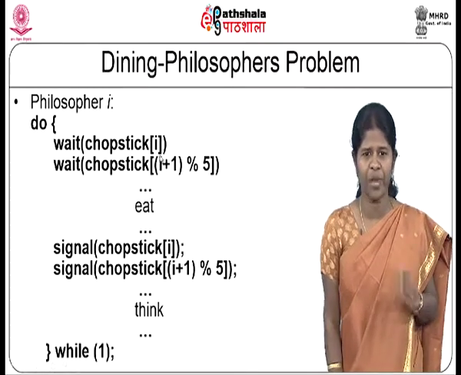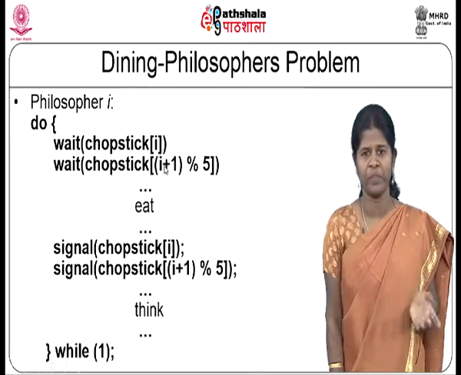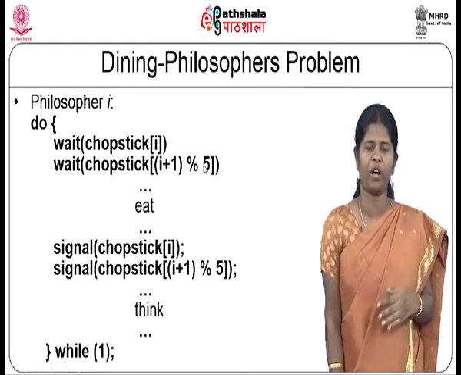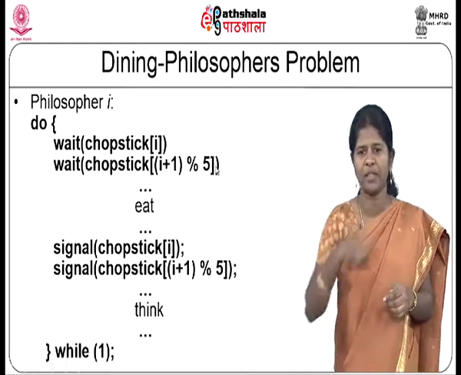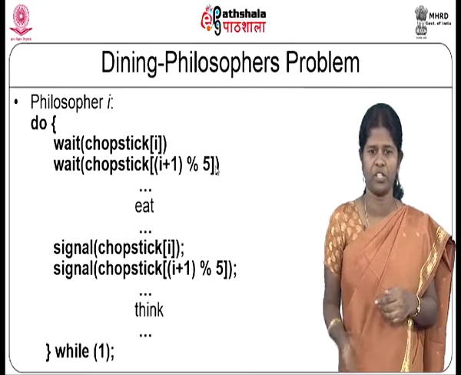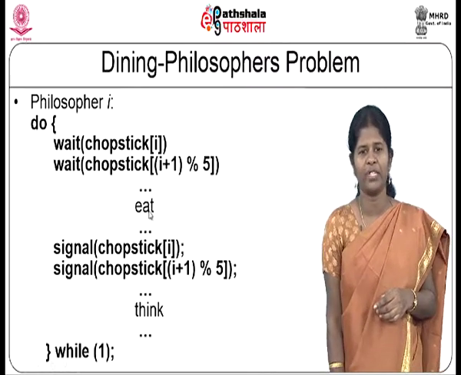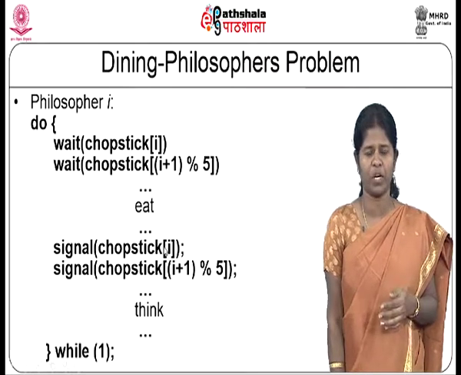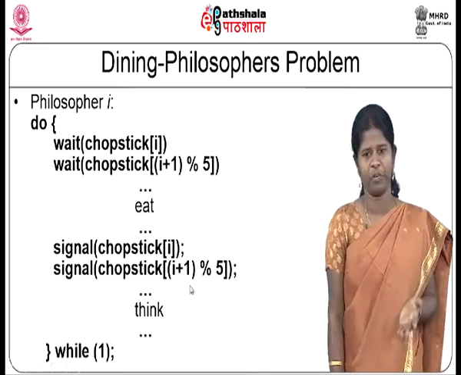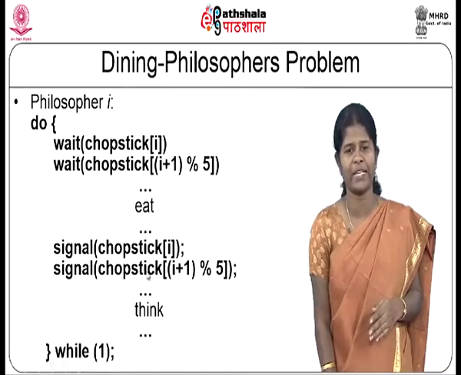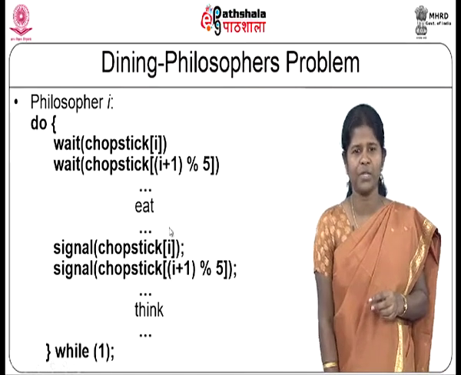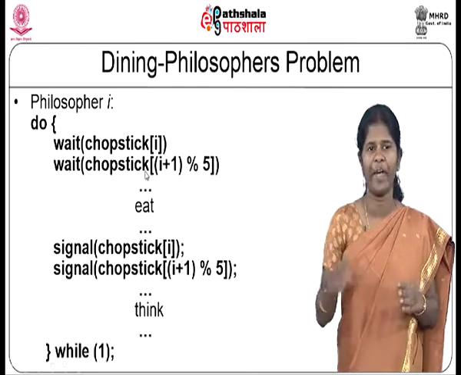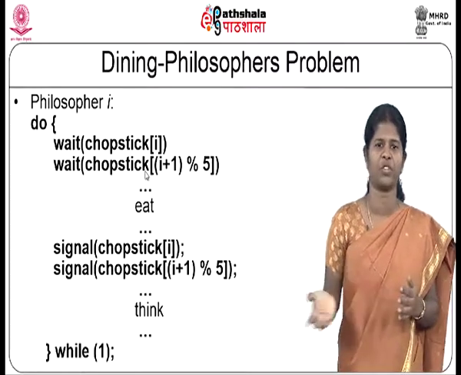So he will wait on chopstick[i], then chopstick[(i+1) mod 5], because you are looking at only 5 chopsticks, and then eat. After finishing dining, he will signal chopstick[i], the leftmost chopstick, and then release the rightmost chopstick. This has to happen for every philosopher; for every philosopher this should be the code.